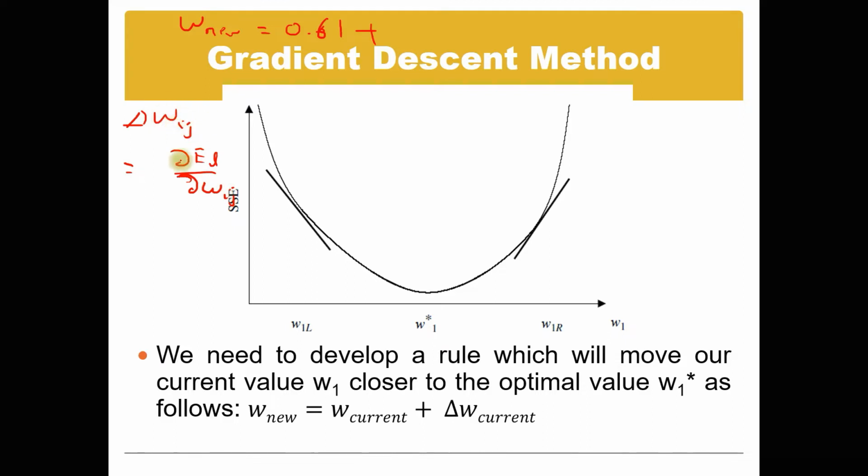So the change in the current weight is basically the rate of change, so del E by del Wij. This is what we define as a change in the weight.